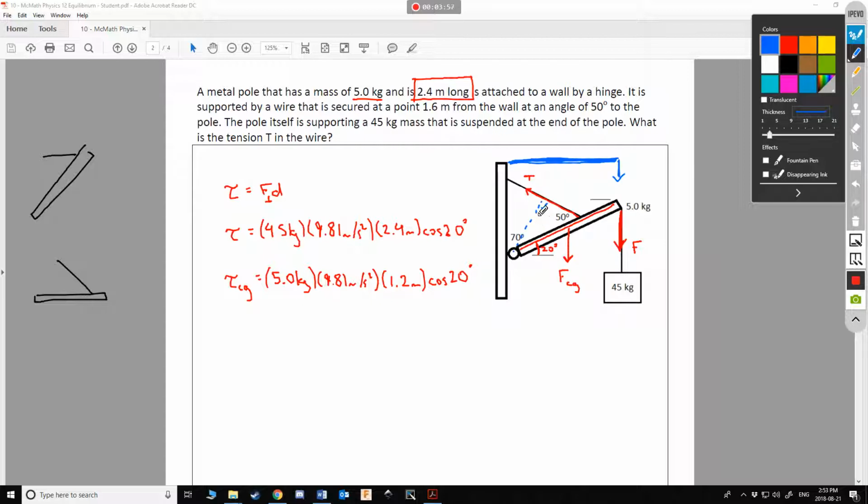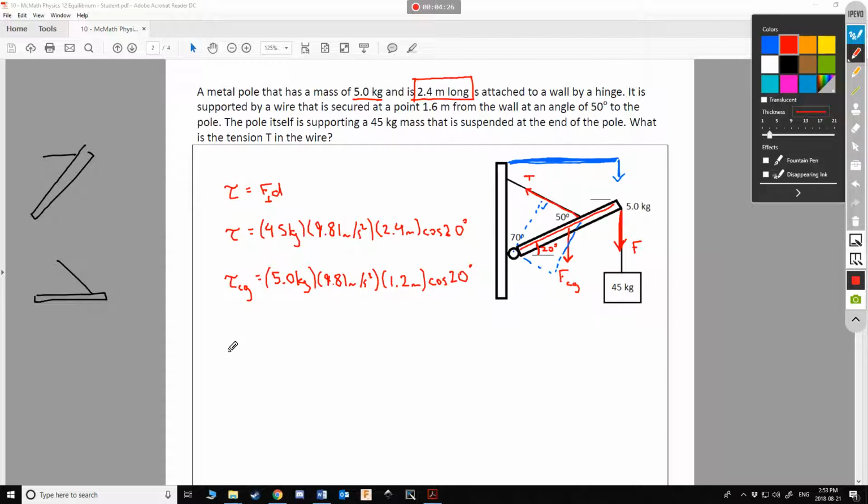Okay, so that dotted blue line I just drew is the perpendicular distance from the pivot to the force. So we need to find what that angle is. That is opposite the 50, so you see it's sine 50. So I'm going to write that out.